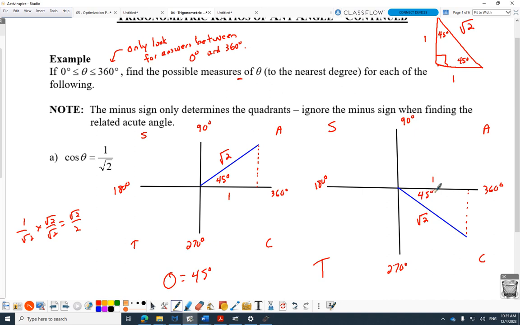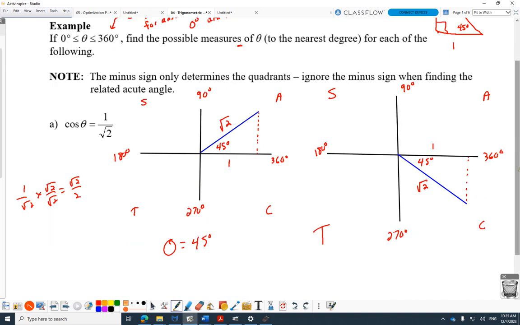But now I need someone clever. The answer is not 45 again. It's that much. How much is that much? 315.